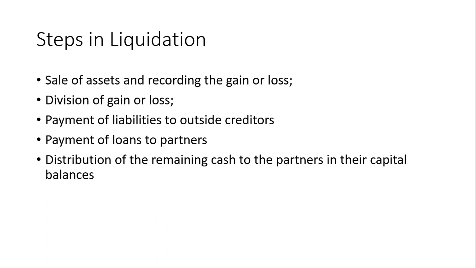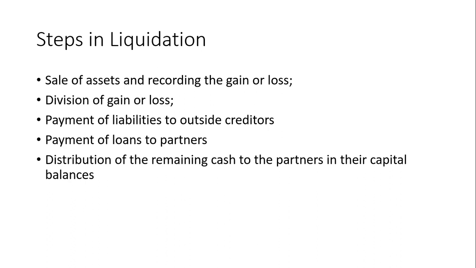The third step is to pay your liabilities to outside creditors. Examples of these outside creditors are your suppliers and probably customers, and then we also have to settle loans to the partners.